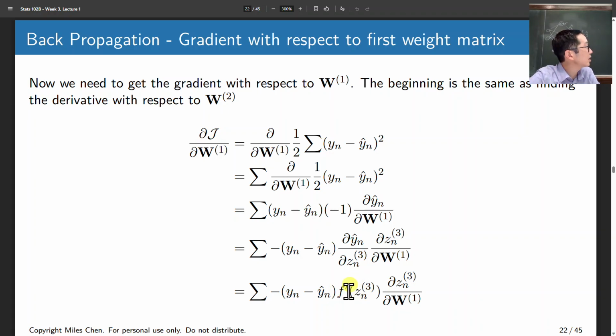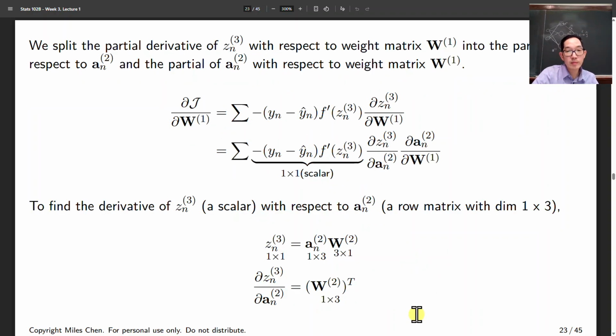And we already did that part, and that's F prime of Z. Now we have to say, how does the Z value change with respect to W1? So how does Z change with respect to our activated values A, and then how do our activated values change with respect to W1?